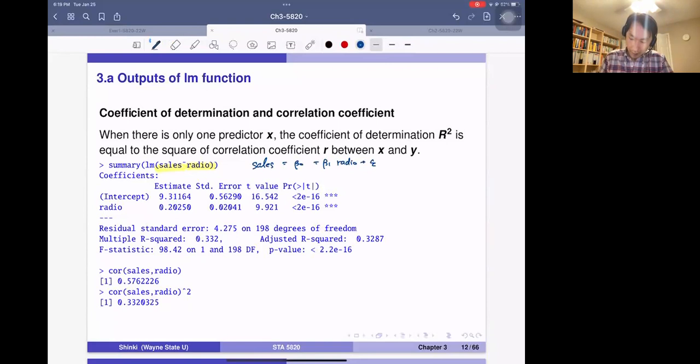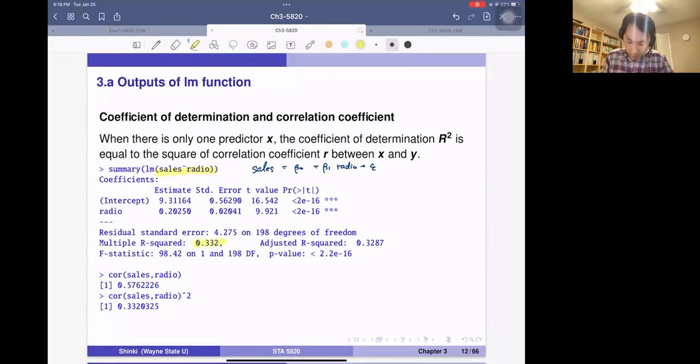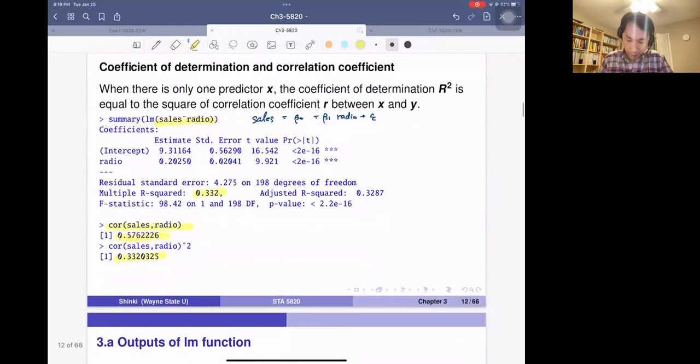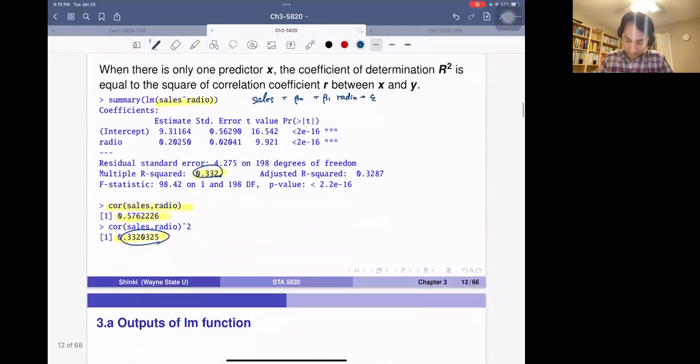Then multiple R squared is 0.332. If we calculate the correlation coefficient between sales and radio, that is 0.576. If we take the square of this, we get 0.332. So this is the same as this.